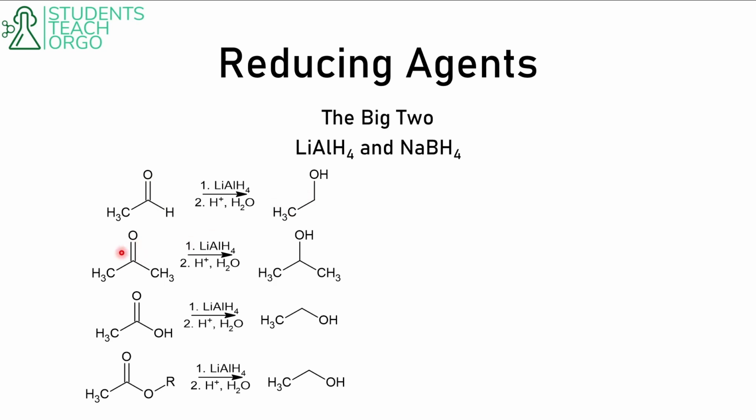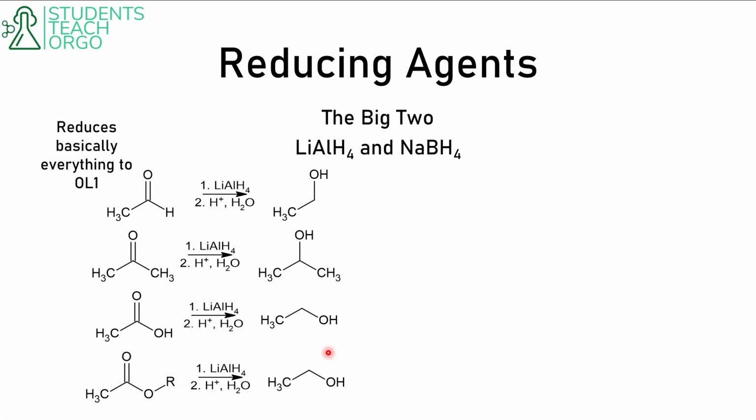Next, it can reduce ketones to secondary alcohols. It can reduce carboxylic acids to primary alcohols. And then finally, it can reduce esters to primary alcohols. And it will actually make two primary alcohols this way. It'll make one here and make a second one here. So in effect, it's kind of breaking this bond, if that makes sense.